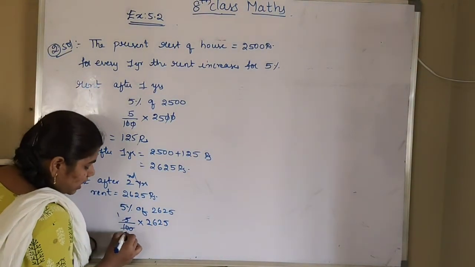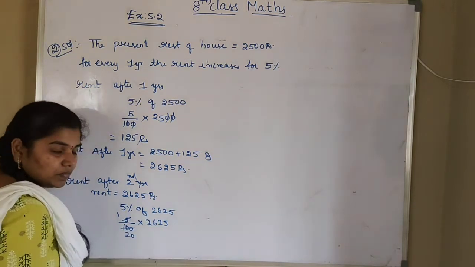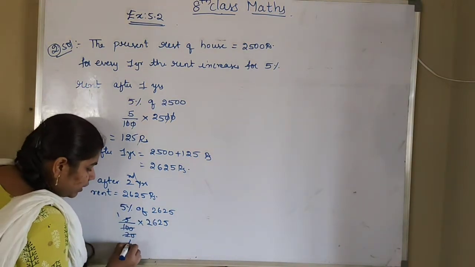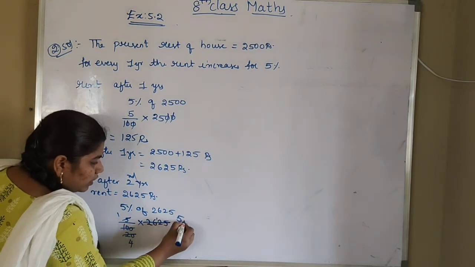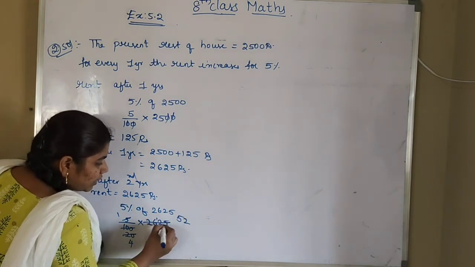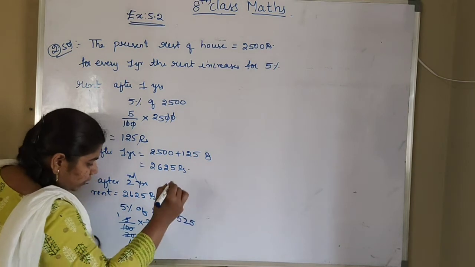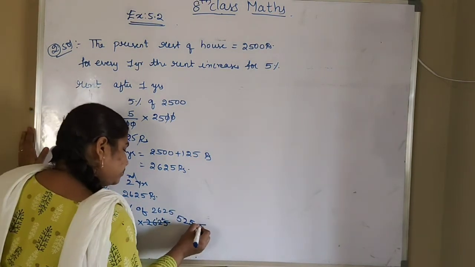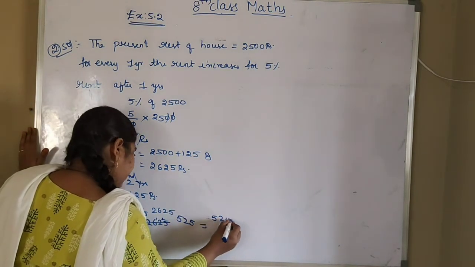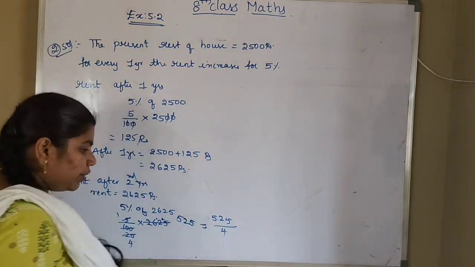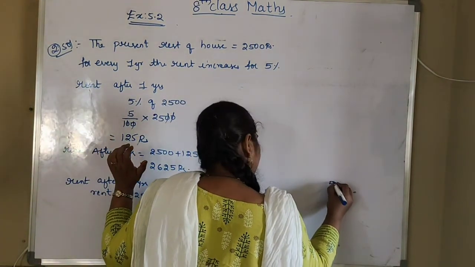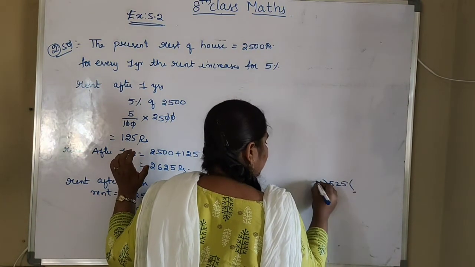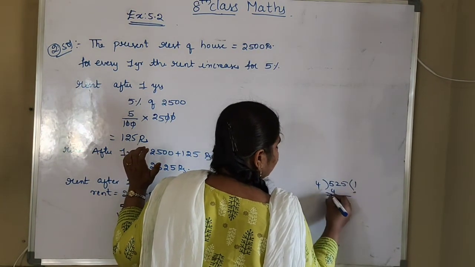Okay. Now we can cancel in the 5 table. 5 ones are 5, 5 twenties are 100. Again 5 table, 5 fours are 20, 5 fives are 25, 5 twos are 10, 5 fives are 25. So you got it as 525 by 4. So what is the value we will see now? 525 by 4. 4 ones are 4.